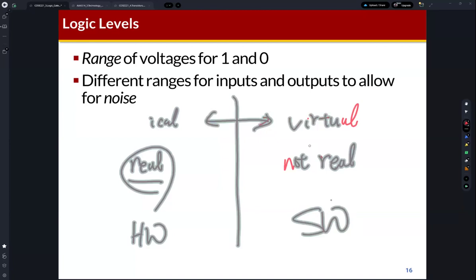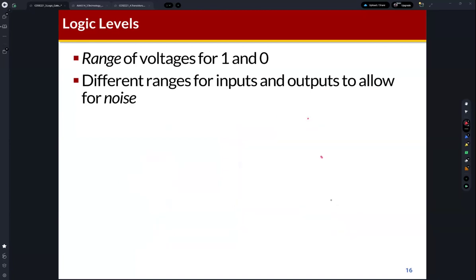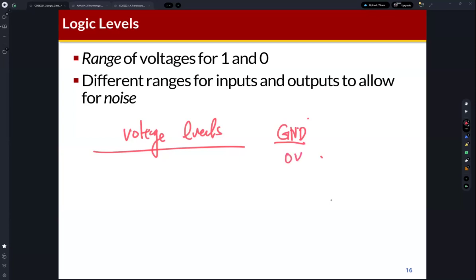We need to decide, as I mentioned, that digital devices are electric circuits with voltage levels, and these voltage signals change from ground, which is 0 volts, to VDD.